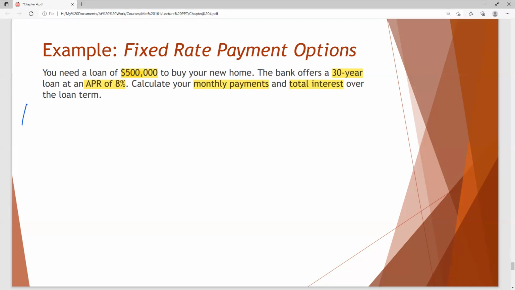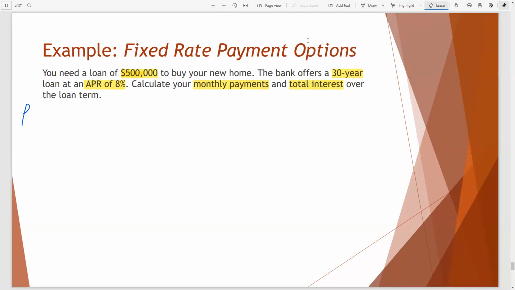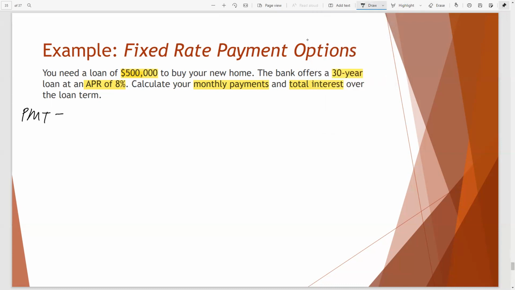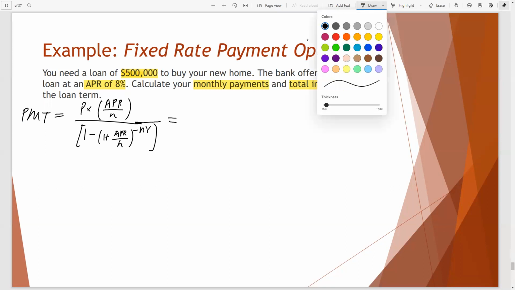All right, so the formula. The monthly payment formula: the principal, the money you borrowed, times APR over N, divided by 1 minus (1 plus APR over N) raised to the negative N times Y. Before that, still things need to be clear.